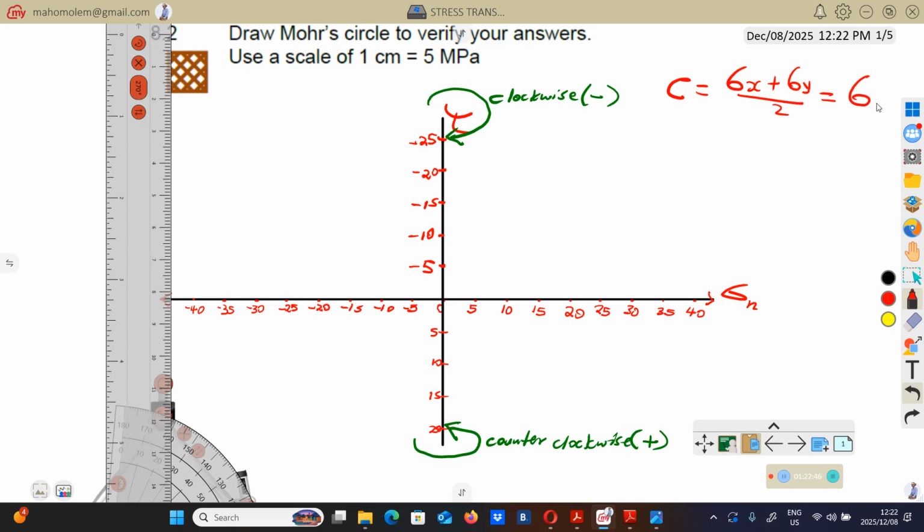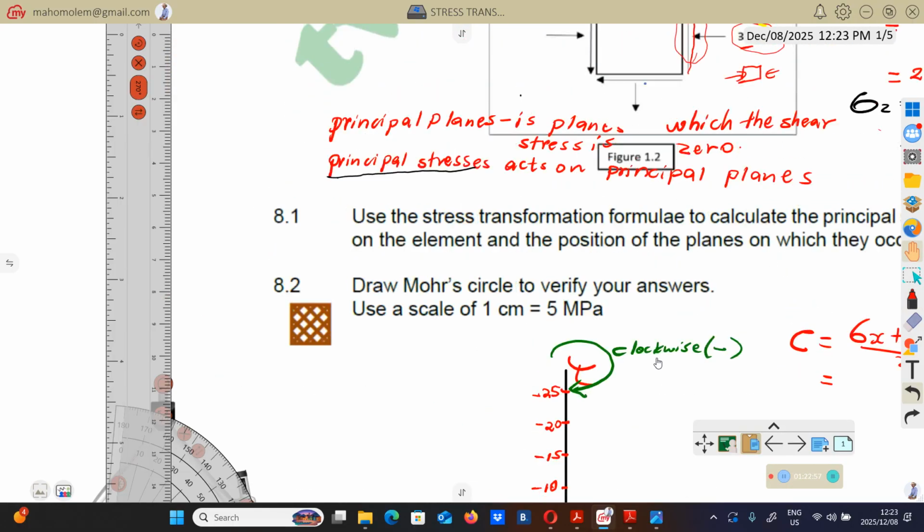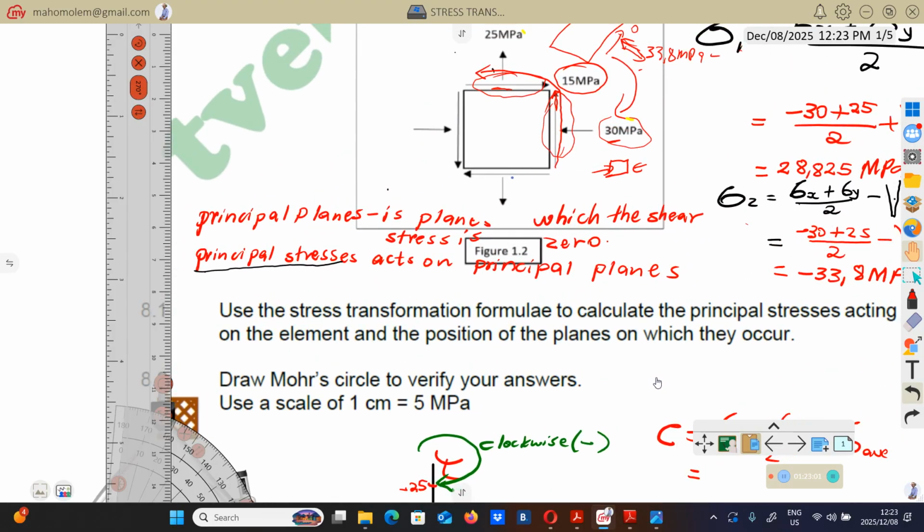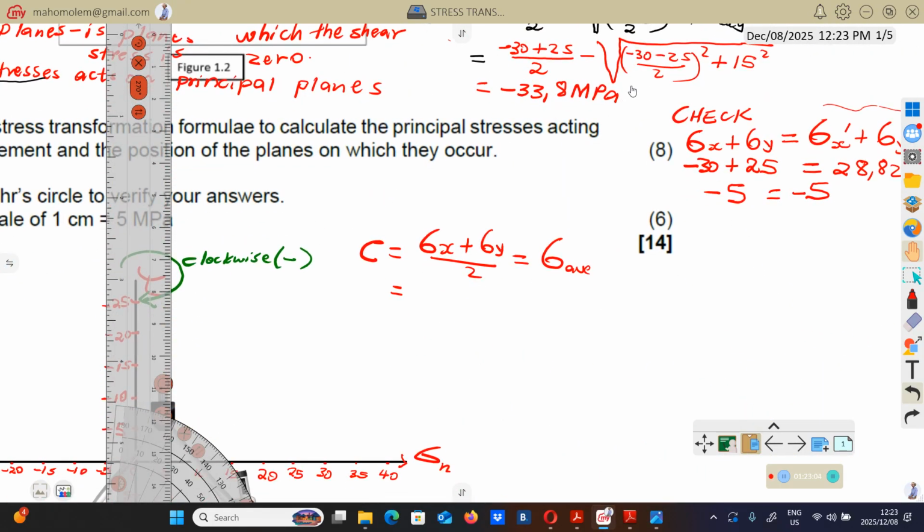You can also call this the average stress. From our element, the normal stress on the X face is -30 because of that compression. On the Y face it is 25.